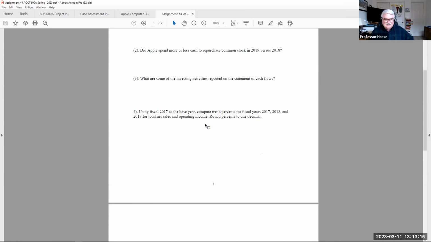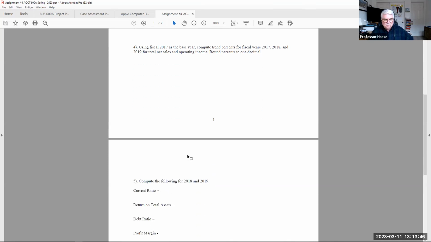Using 2017 as your base year, compute the trends for fiscal years 17, 18, and 19 for net sales and operating income. In other words, what percent did sales go up or down from 2017 to 2018, 2018 to 2019? What percent did operating income, profit, go from those years? I want to see a trend analysis of those percents.